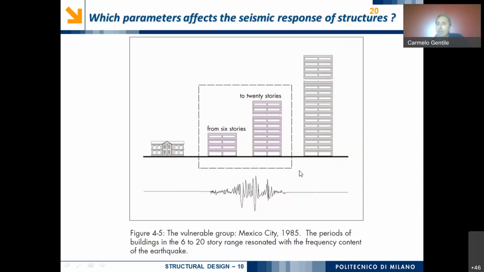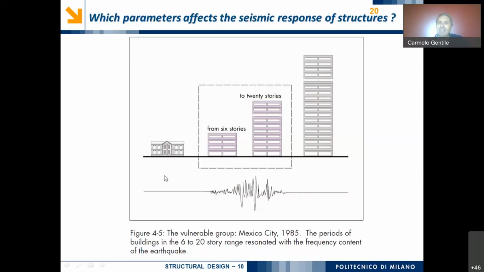But for example, if this picture is related to a certain town, which is Mexico City, and to the earthquake measured in Mexico City in 1985, only the medium stiffness buildings are subjected to major damage, whereas the upper building does not undergo damage, and also the lower building does not undergo damage.